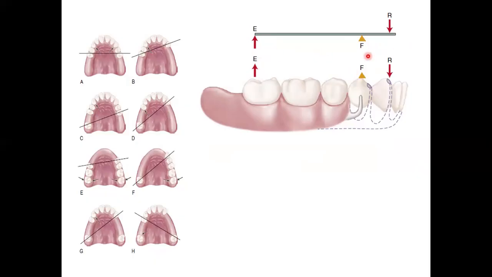This lever principle, where you have your fulcrum and your effort. The fulcrum is on the prosthesis, which has a clasp assembly or direct retainer attached to the natural teeth. When sticky food gets stuck here to the upper jaw, when the patient tries to open the mouth, this region stuck to the upper will try to lift. So this region will act as a lifting area, which means the effort is happening here.